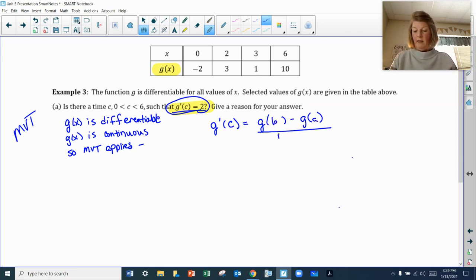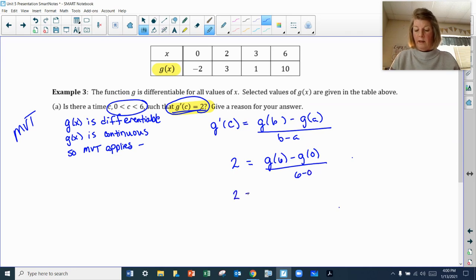Now, when I go up to my table, I want this to equal 2. So I'm going to play with some values, mainly starting with the endpoints suggested. I'm going to look at g of 6 minus g of 0 over 6 minus 0 and hope that maybe that comes out to be a 2.